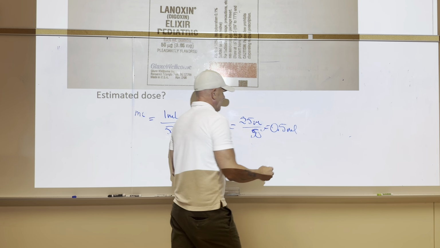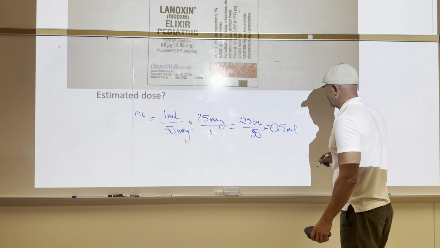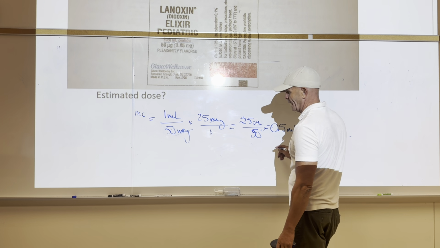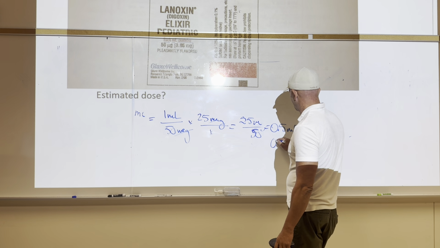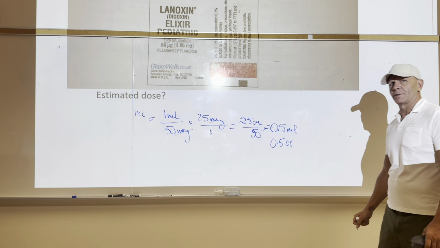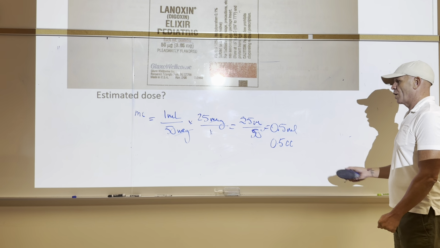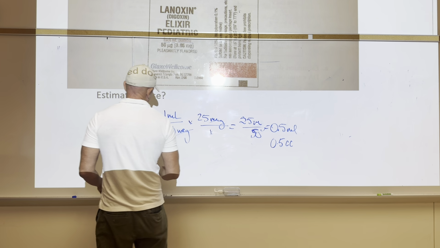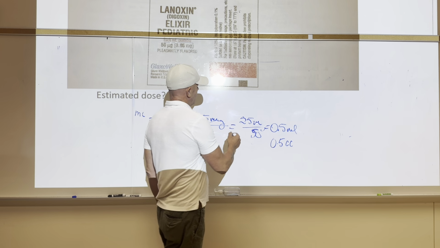How would you write that if you were putting it into a little cup and it only had cc's? Same thing, remember I told you, mLs and cc's are the equivalent. All right? Let's say you have a syringe.